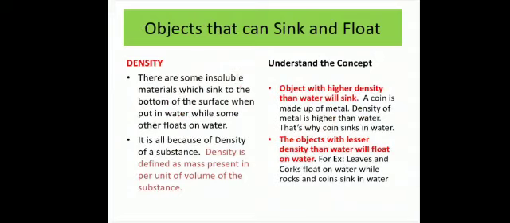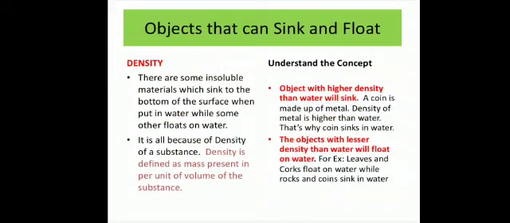Now next is objects that can sink or float. How can we decide that a particular object will sink or float? Some materials are heavier than water, whereas other materials are lighter than water. In science, the heaviness and lightness of materials are indicated by the term density.